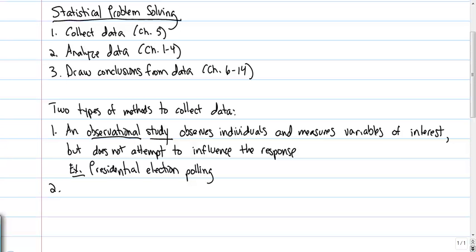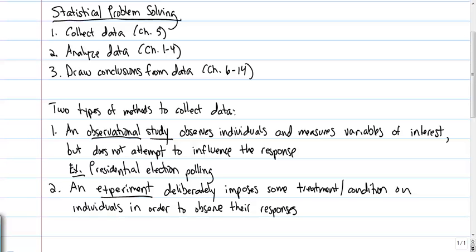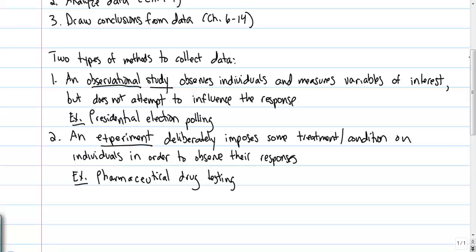The second way in which we're going to talk about collecting data is through an experiment. An experiment deliberately imposes some treatment on individuals in order to observe their responses. An example of an experiment might include pharmaceutical drug testing. Maybe you work for a pharmaceutical drug company in which you develop this drug that you think is going to cure the common cold.